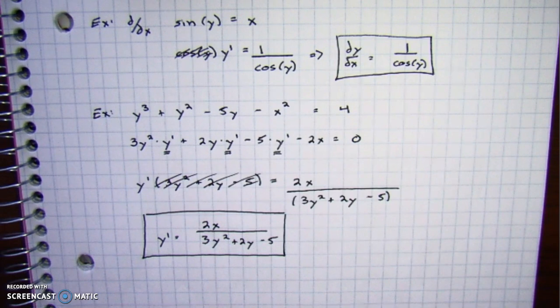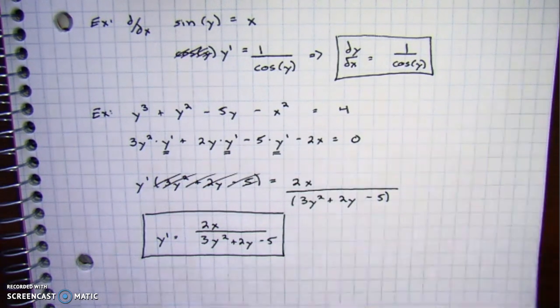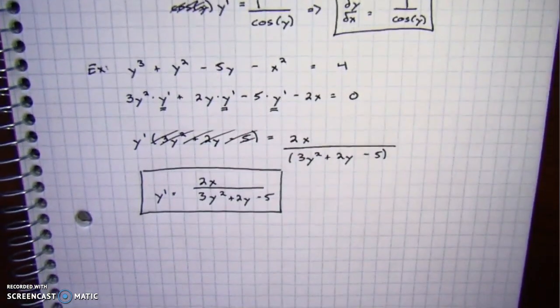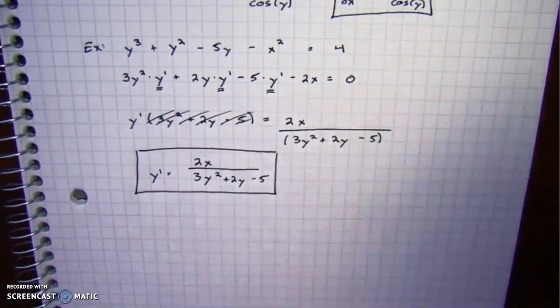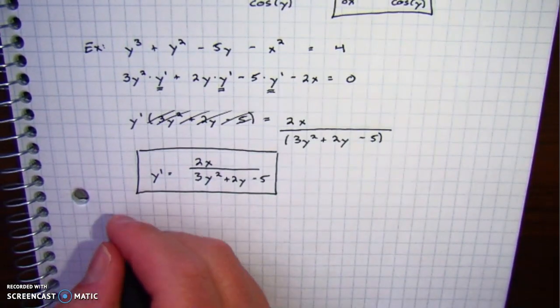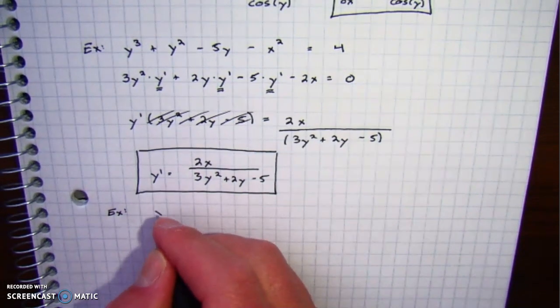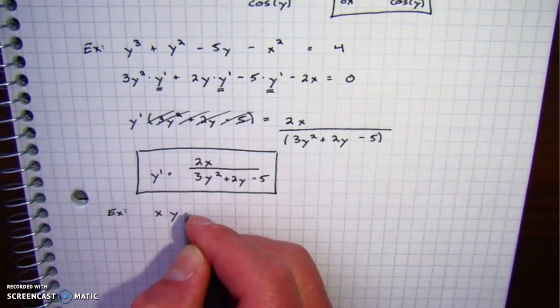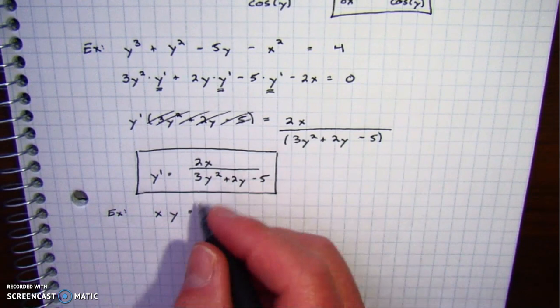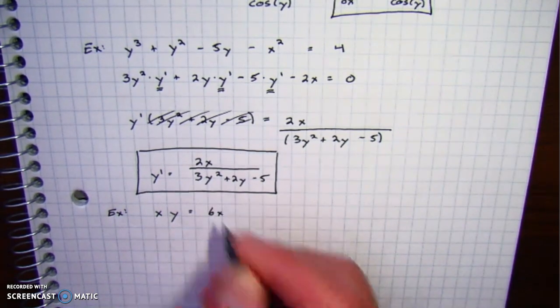So let's take a look at one more example, because really this goes back with all the other rules that we followed too, the product rule and anything like that. Let's write this one on the bottom here, because it's a fairly short example. So let's say we have something like x times y equals, how about 6x, something random.